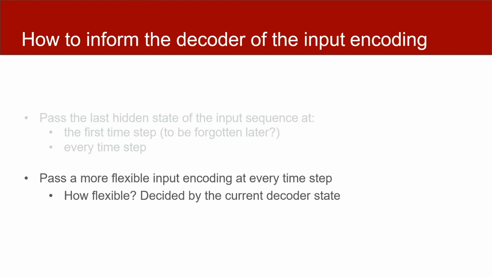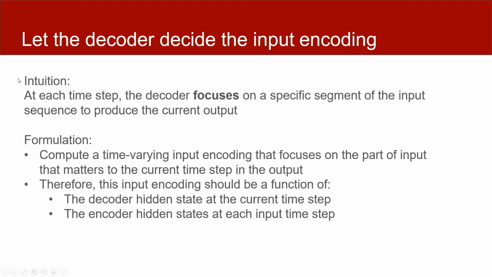So what we want to do instead is maybe pass a more flexible input encoding at every time step. What do we mean by flexible? It should be decided by the current decoder state.